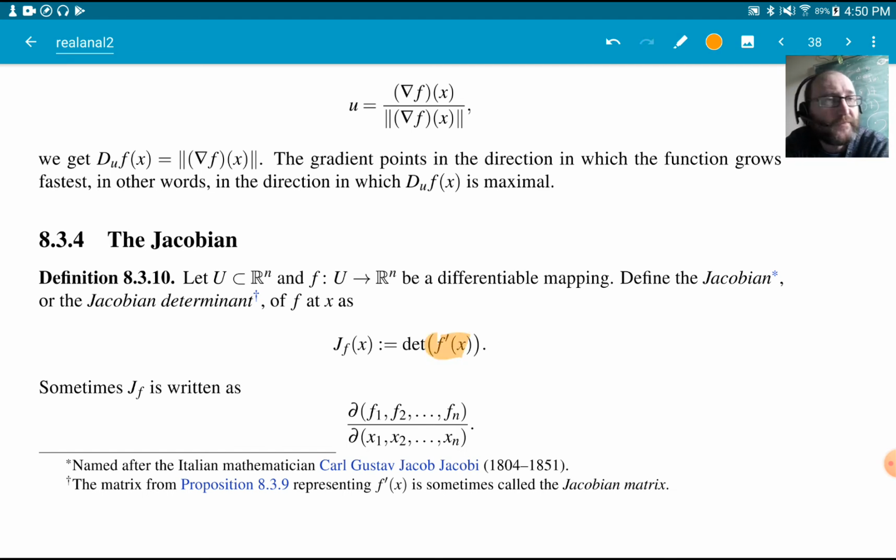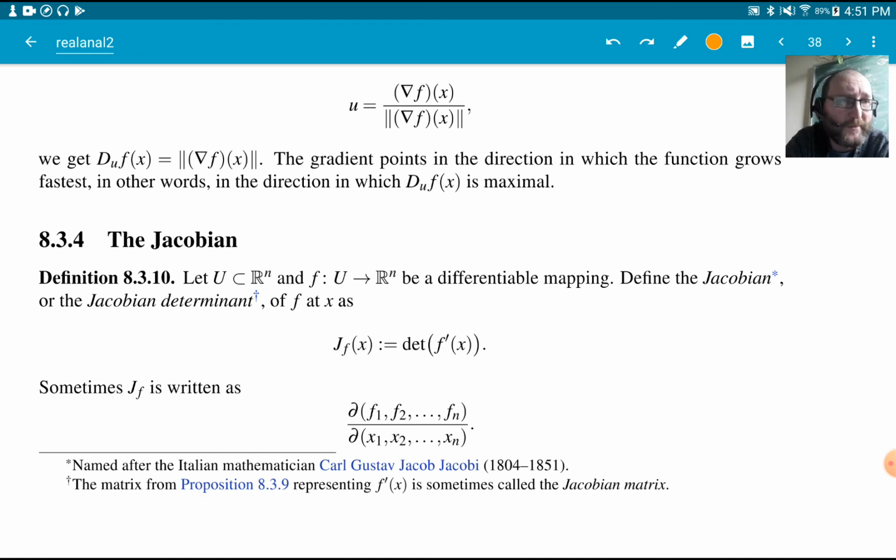That means f prime is a square matrix, if I think of it as a matrix. Its determinant is the so-called Jacobian determinant. Sometimes f prime is called a Jacobian matrix, I guess. A lot of times when people say Jacobian, they actually mean the Jacobian determinant. So if you just hear Jacobian, you have to think about whether you are expecting a matrix or a number.